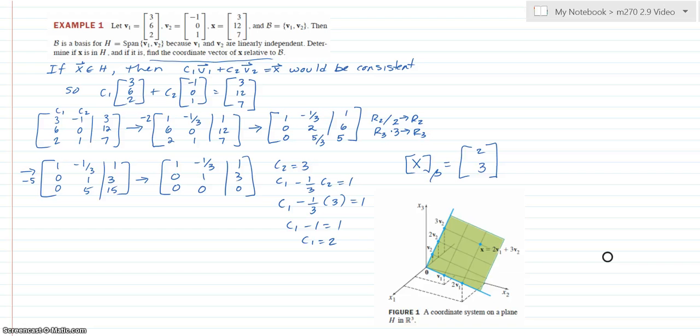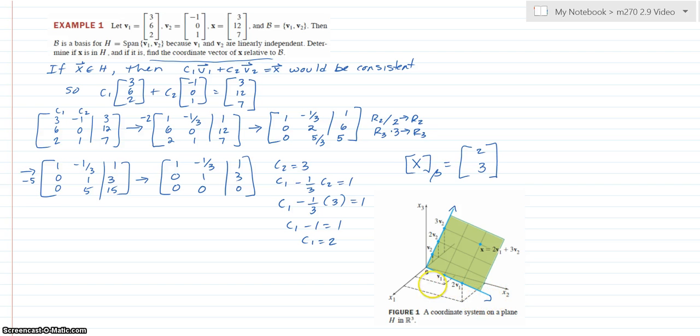And here's a nice picture of that. So this right here looks like V2 and V1. So this right here is the vector. Actually, that's V2, 2V2, 3V2. So there's V2, negative 1, 0, 1. And then in the 3D space, V1 is right here, 3, 6, 2. It's actually this one, the blue lines.